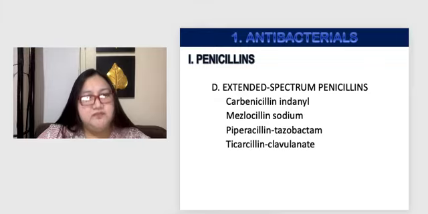Extended spectrum penicillins have the same pharmacologic action with aminoglycosides. So mamaya we will discuss aminoglycosides, amikacin, gentamicin, streptomycin, but they are less toxic. Aminoglycosides, again, if you remember, nung first discussion natin, isa siya sa mga gamot na merong low therapeutic index.